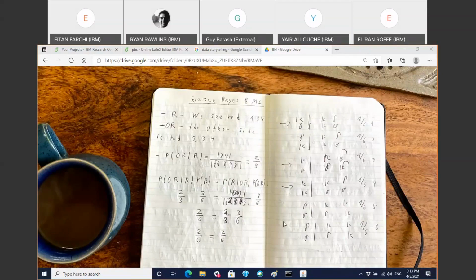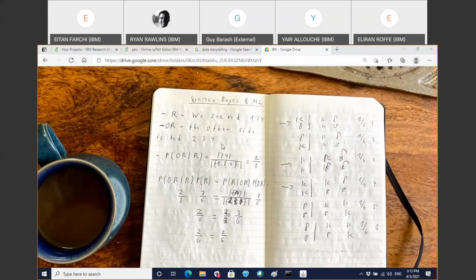And okay, so the classical riddle is, what's the probability, given a red at the top, that there's a white at the bottom? Okay, so the conditional probability. So we have two random variables here. One is R, which is, we see a red at the top, and OR is the other side is red.